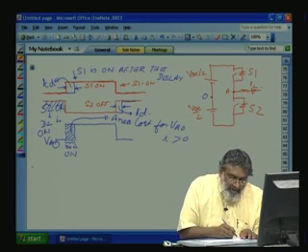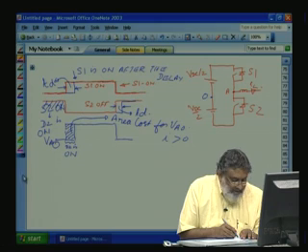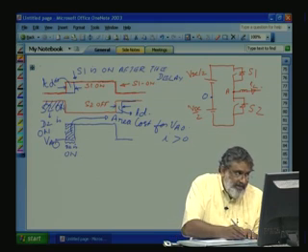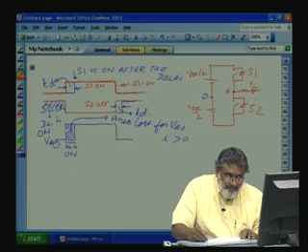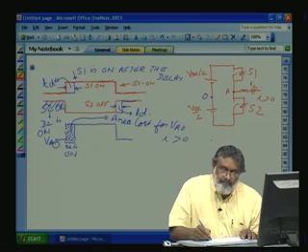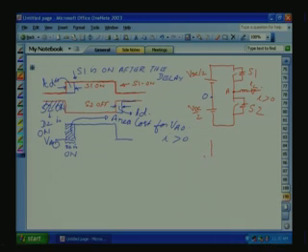Let us see now I less than 0. This condition we will say I greater than 0. Now, let us take the condition I less than 0. This we will draw with a different color.